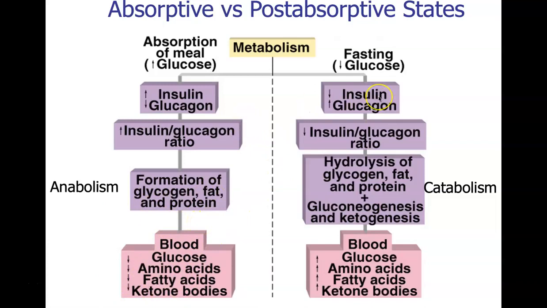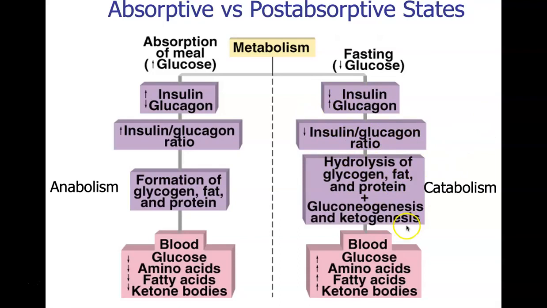Compare that to the post-absorptive state. So after you've absorbed all this stuff and formed all these things, when fasting and blood glucose gets low, you have decreased insulin, increased glucagon, therefore a decreased insulin to glucagon ratio, hydrolysis then of glycogen, fat, and protein, and gluconeogenesis and ketogenesis.